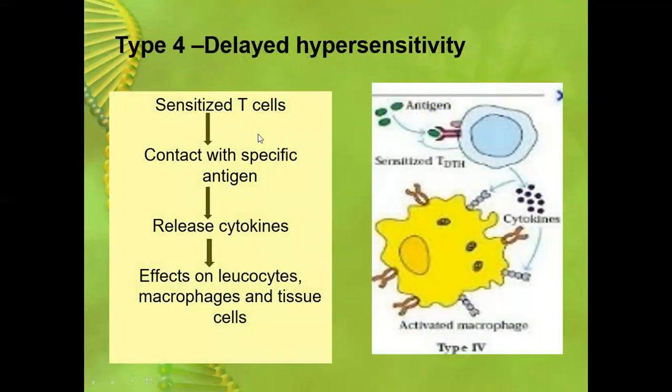Here you can see the sensitized T cells, upon contact with a specific antigen, release the cytokines. So when the antigen infects the host cell, it induces the antibodies or T cells. Here these sensitized T cells get activated and release the cytokines, and these cytokines affect the leukocytes, macrophages, and tissue cells.